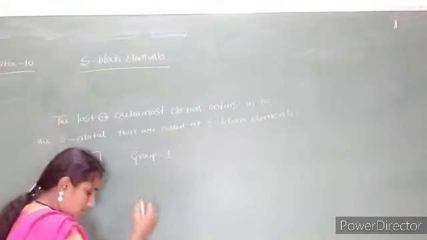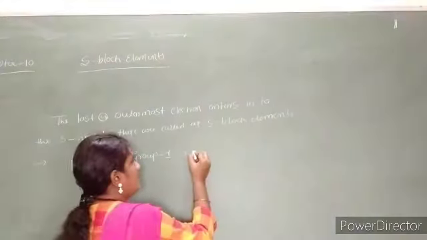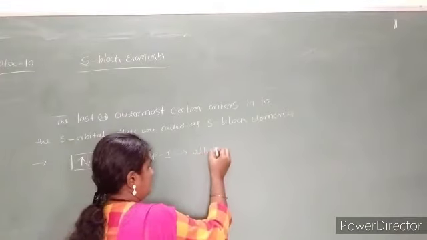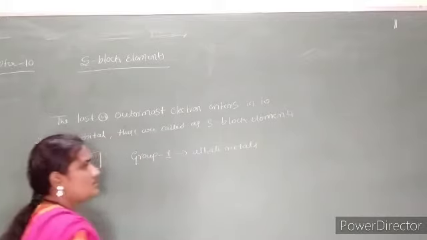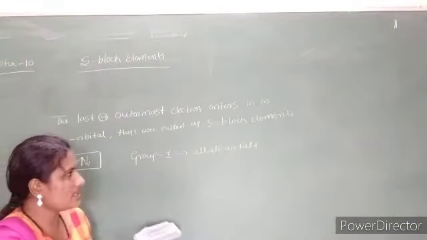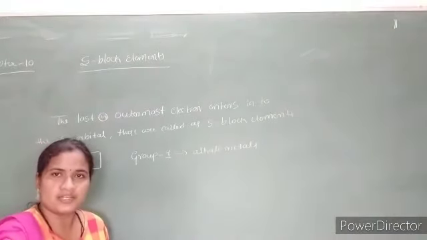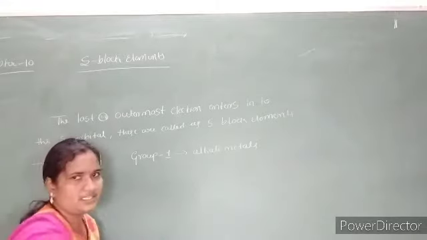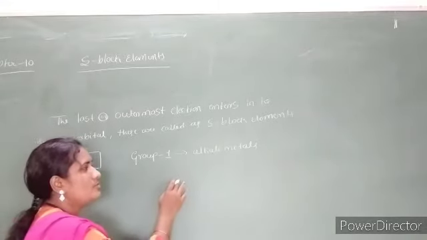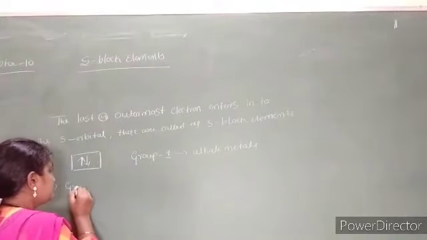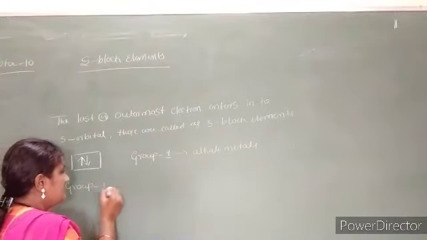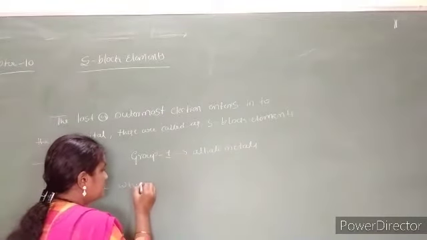The group 1 elements are called alkali metals. They are said to be alkali metals because whenever they react with water, they form hydroxides. Those are alkali in nature. So that is why these are said to be alkali metals.